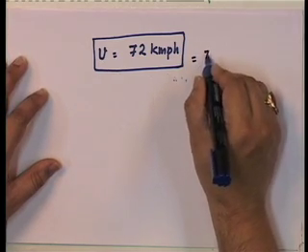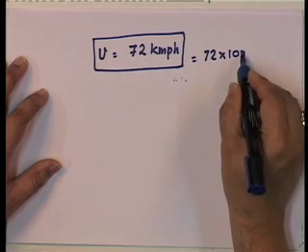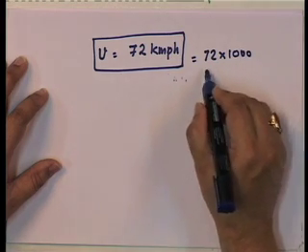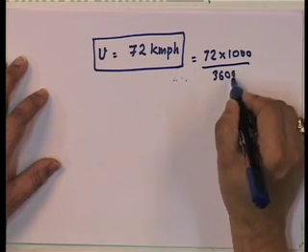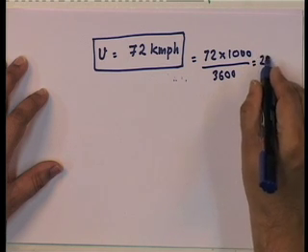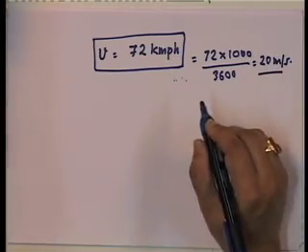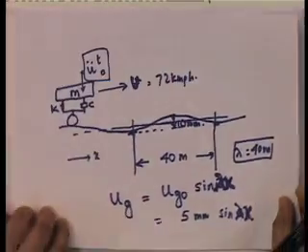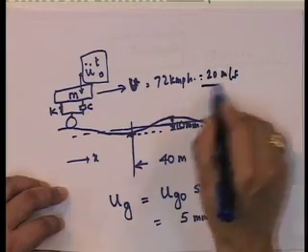How much is that? 72 into 1000 becomes meters per hour, and there are 3600 seconds. So, this becomes how much? 20 meters per second. So, in other words, this car is traveling at 20 meters per second.